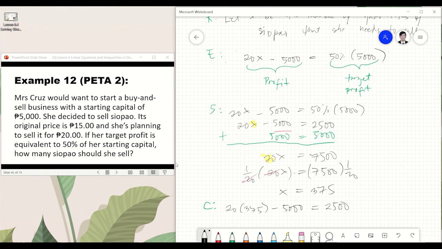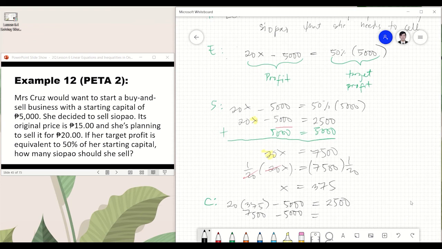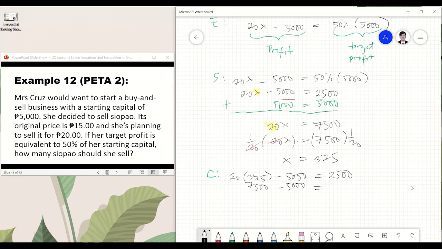So, 20 times 375, that's 7,500. So, kung tag 20 pesos yung kada isa and then 375 pieces yung siopaw, she will get 7,500. But that 7,500 includes the starting capital. So, we still have to subtract it with 5,000. And you will get 2,500. So, there you go. It's a check.